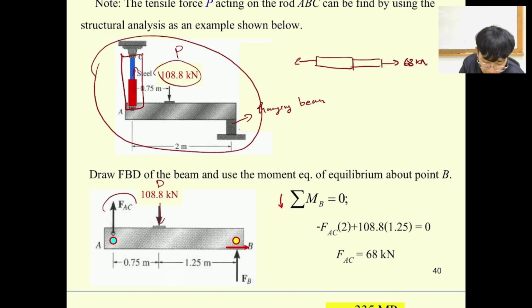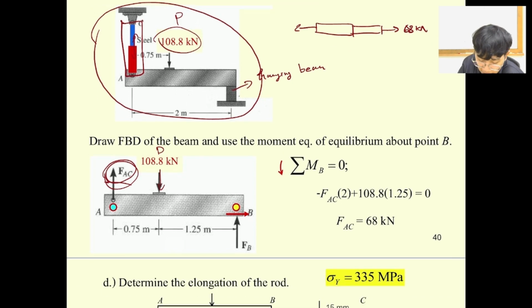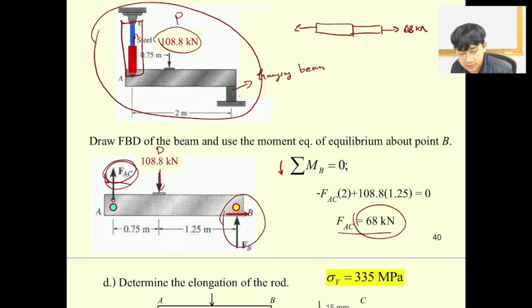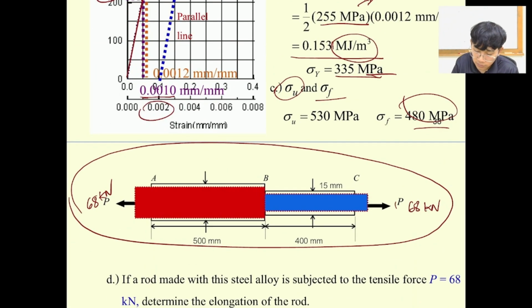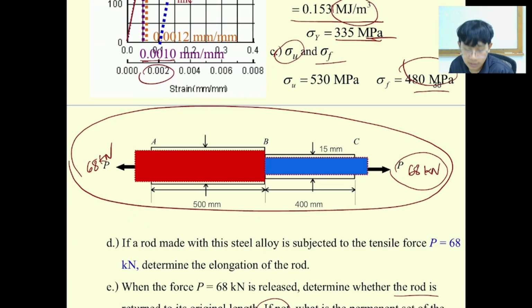And if this one is a two force member, we can just indicate the force by assuming that the direction is going up, FAC, taking moment at point B to eliminate the unknown. I have FAC over here equal to 68 kilonewton. That's why we provide you 68 kilonewton over here.